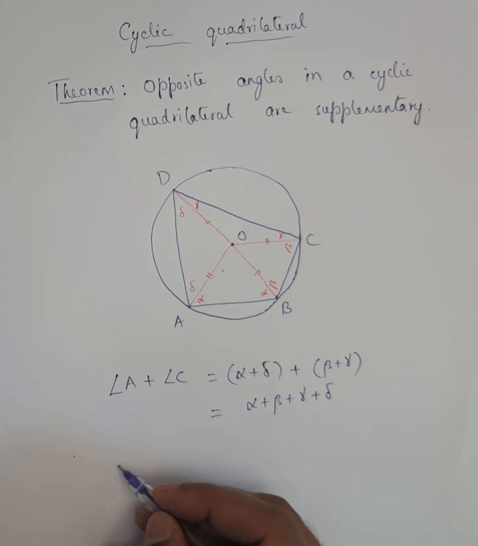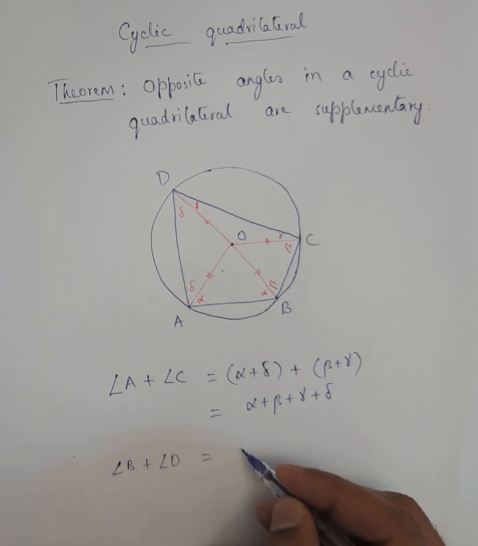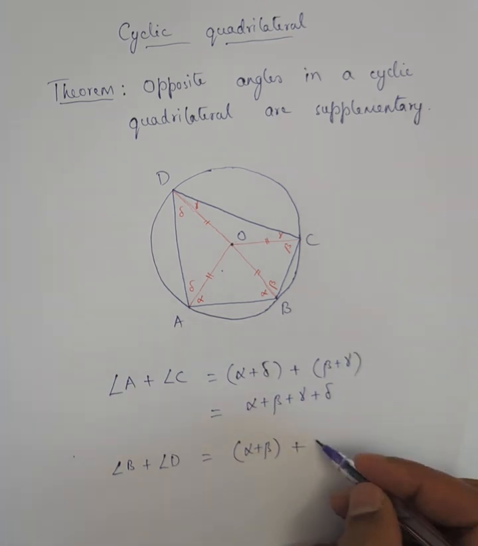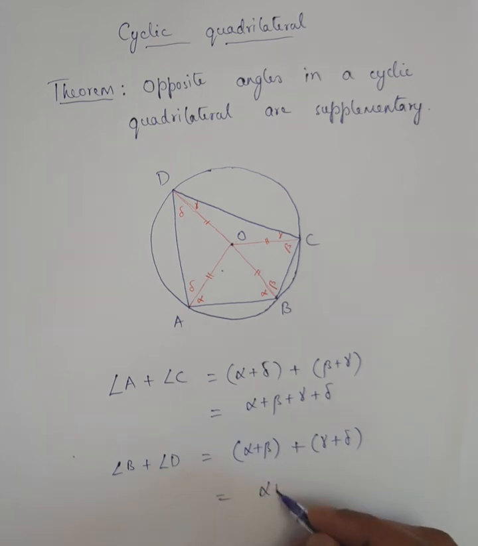And similarly, if I were to add B plus D, so if I add those two opposite angles, I get alpha plus beta, that is B, plus D, which is gamma plus delta. So that's going to be alpha plus beta plus gamma plus delta.